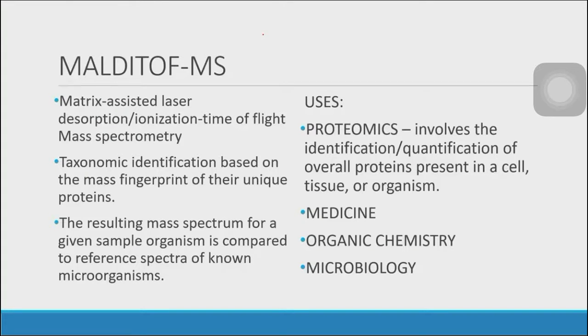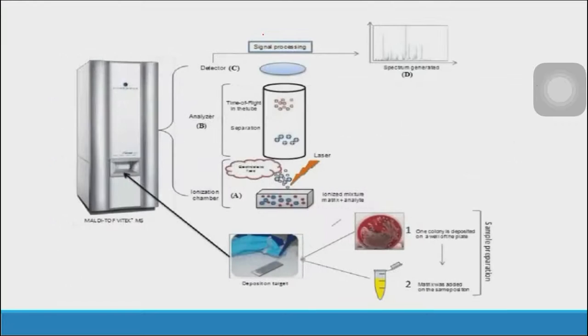Okay, so paano ba ginagawa itong MALDI-TOF MS? Start first, of course, with the sample preparation. In here, a well-isolated colony is selected and deposited on a well of the plate. So ito yung plate, itong gray. Kukuha ka ng well-isolated colony and then you transfer it sa plate.